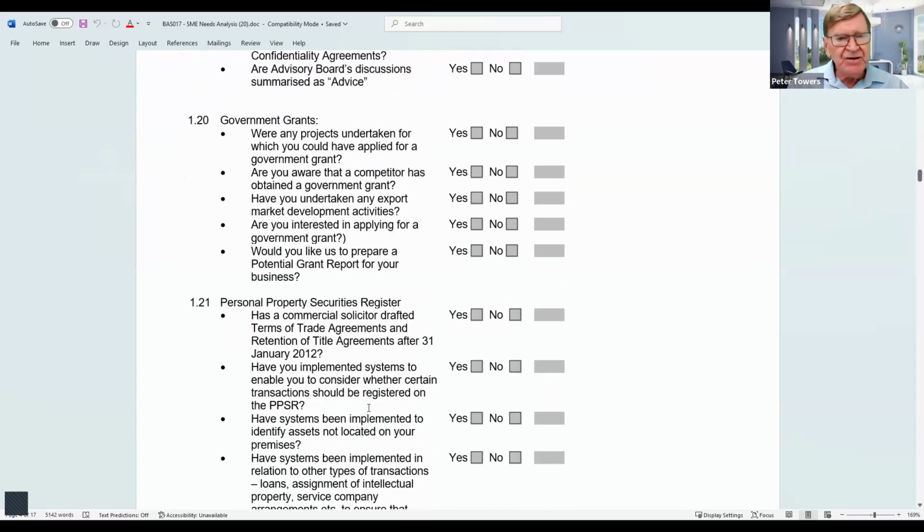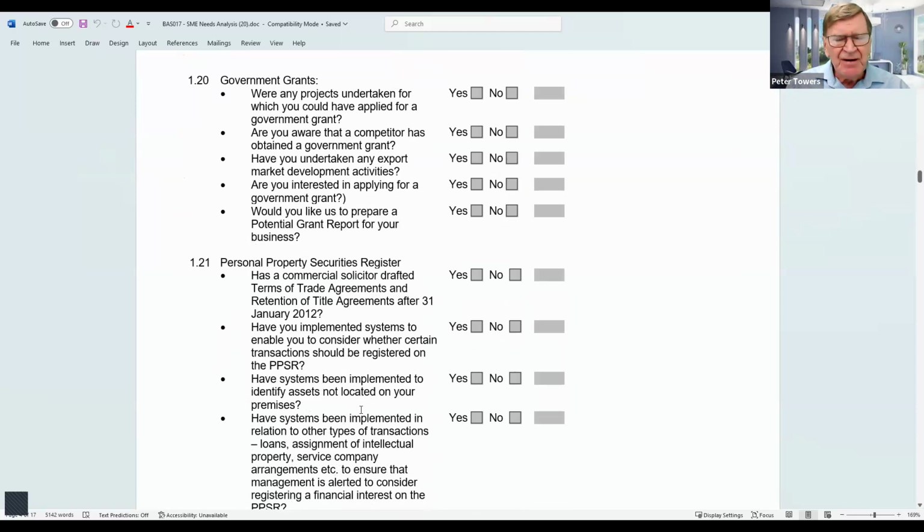The Personal Property Securities Register is very important for your client to have an understanding of how it works. And depending on their industry, it could be a major saviour for them in some future event, if in the unfortunate event there's an insolvency occurrence in one of their key debtors.